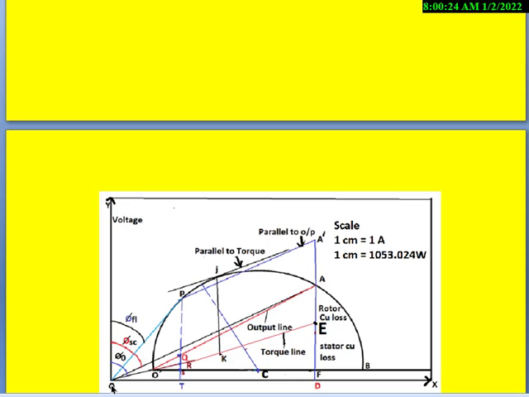This line OP represents the current corresponding to the new output power, that is 125% of the full load, and we call it the 125% full load current, represented by OP, and this will make an angle phi FL with respect to the voltage.